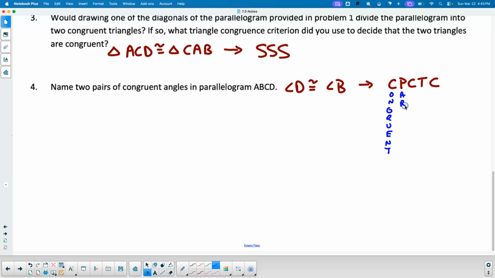Oops, correction, not congruent parts. I'm sorry, I screwed that up. It's corresponding.